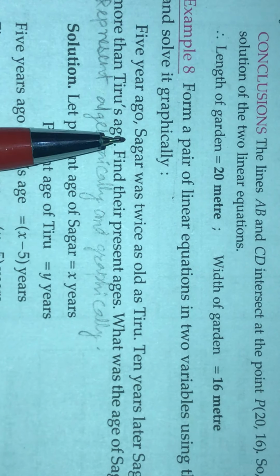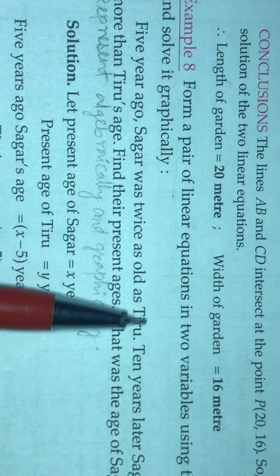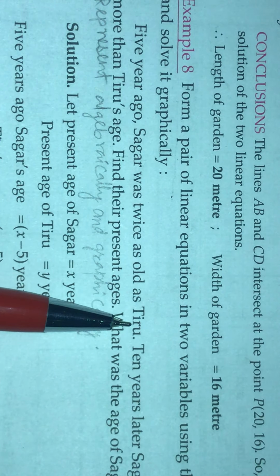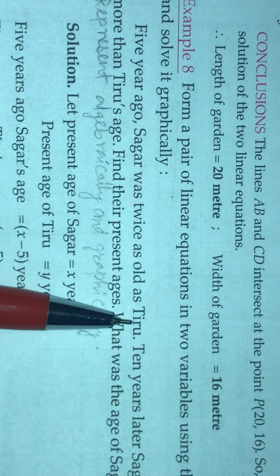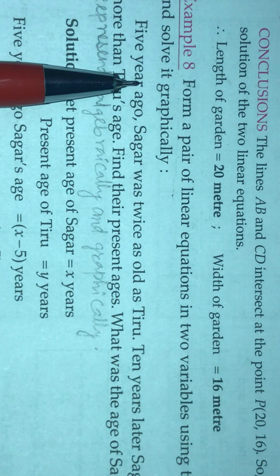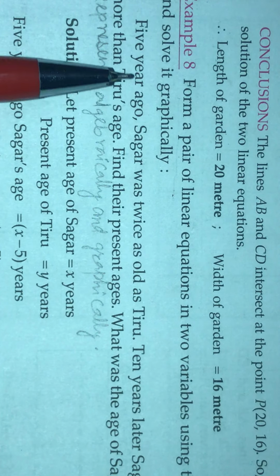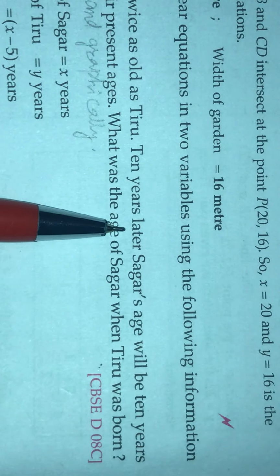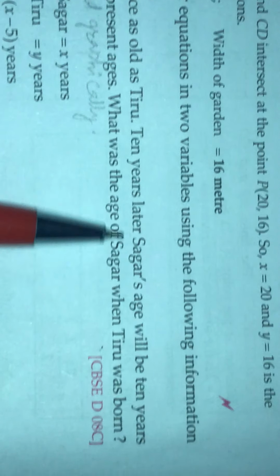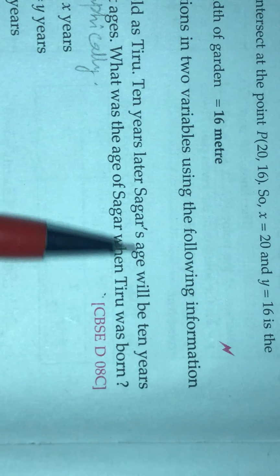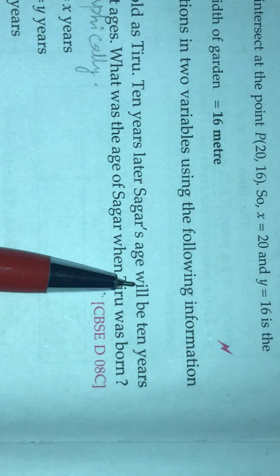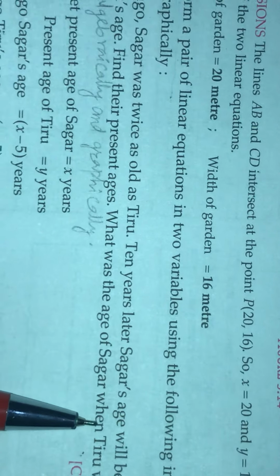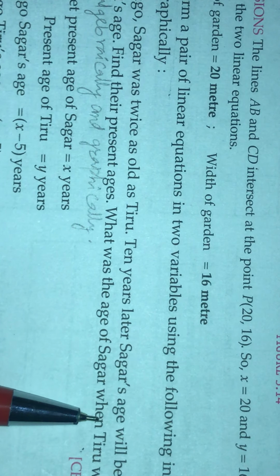The age of Sagar and age of Tiru are compared here, and there is also their age 5 years ago. After that, in the second statement, 10 years later, the ages of Sagar and Tiru are compared again.